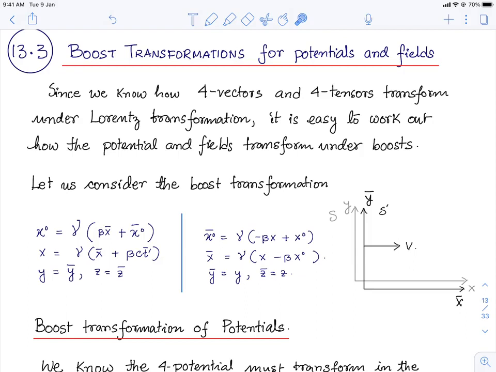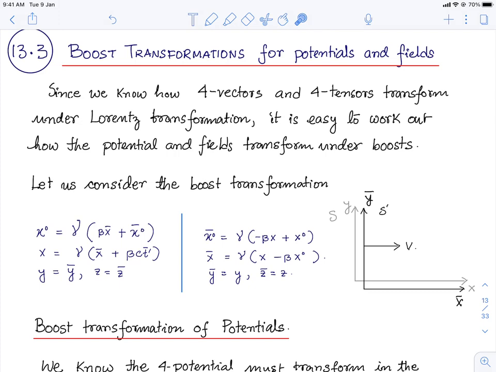And not only must the coordinates transform in this particular way, it also implied that, the way we defined the four vectors and four tensors, the tensors and the vectors must also transform in some specific way. So depending on whether its index is an upper index or a lower index, their transformation properties are fixed.